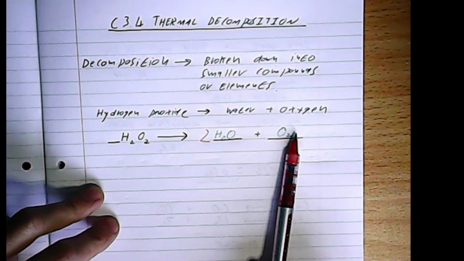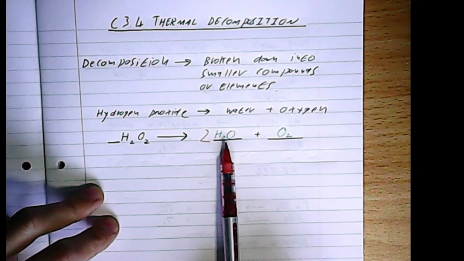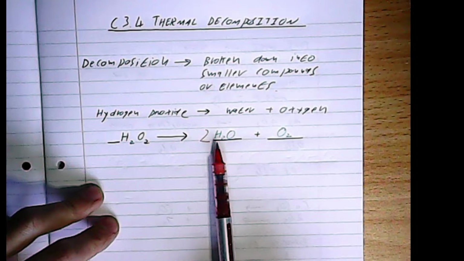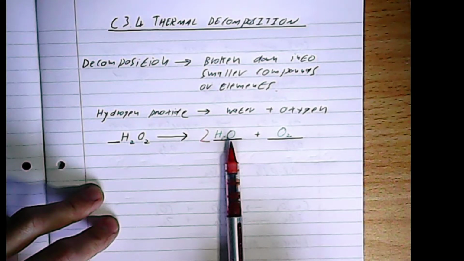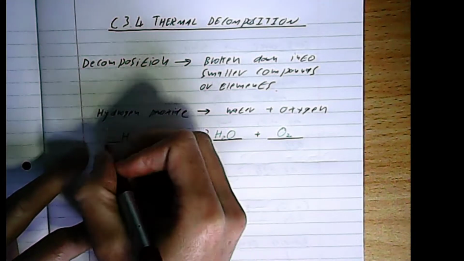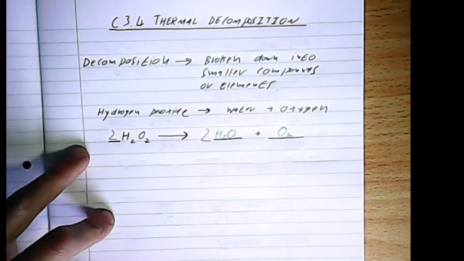I've also got 4 hydrogens, because 2 times 2 is 4. Now I've got 2 on this side, whereas I've got 4 of each on the other side, so I can put a big 2 there. Give yourself a big green pen tick if you've got that one done. Alright, so that is a general decomposition reaction.